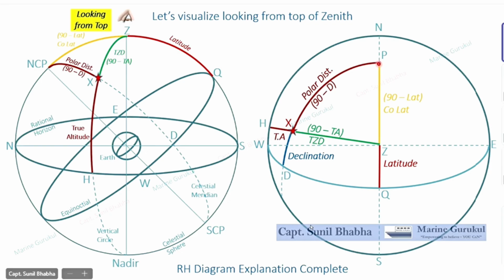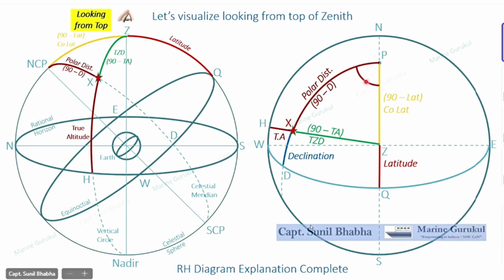This angle P, if you look carefully, is the angle at the pole contained between the celestial meridian of the observer, PZQS, and the celestial meridian passing through the body, PXD, represented by this maroon color arc in the diagram.